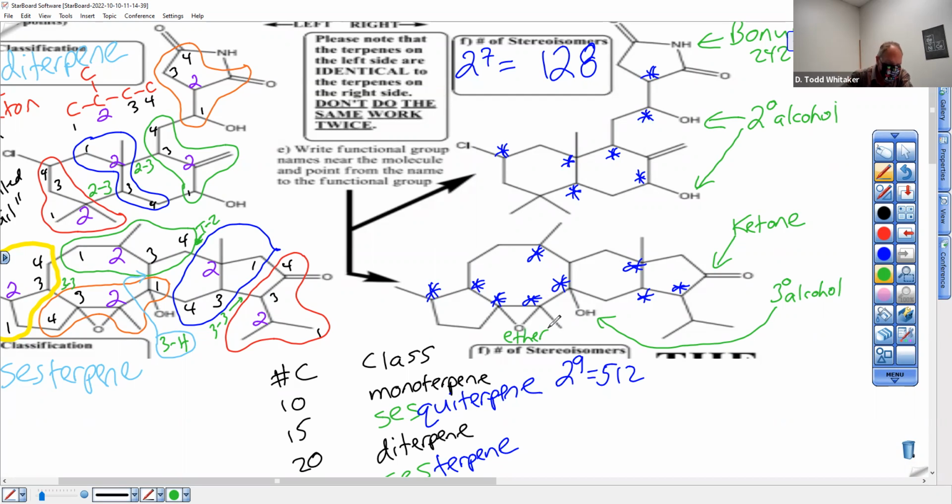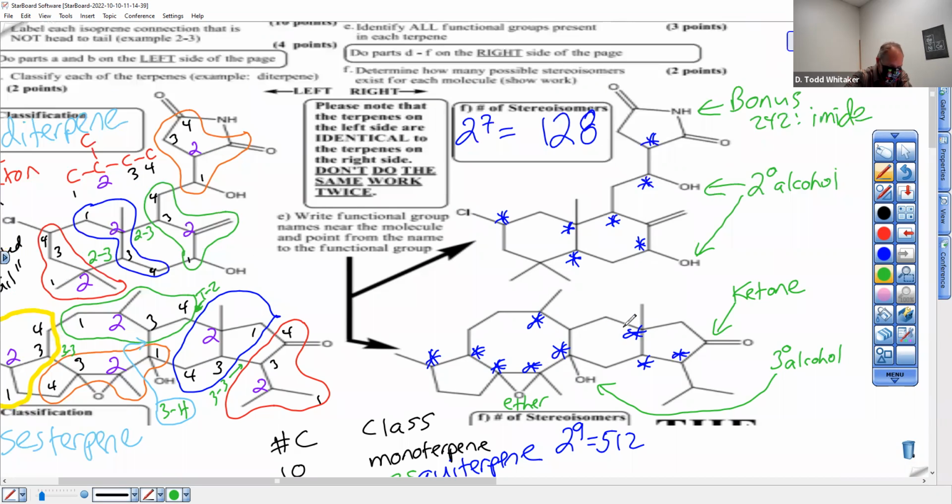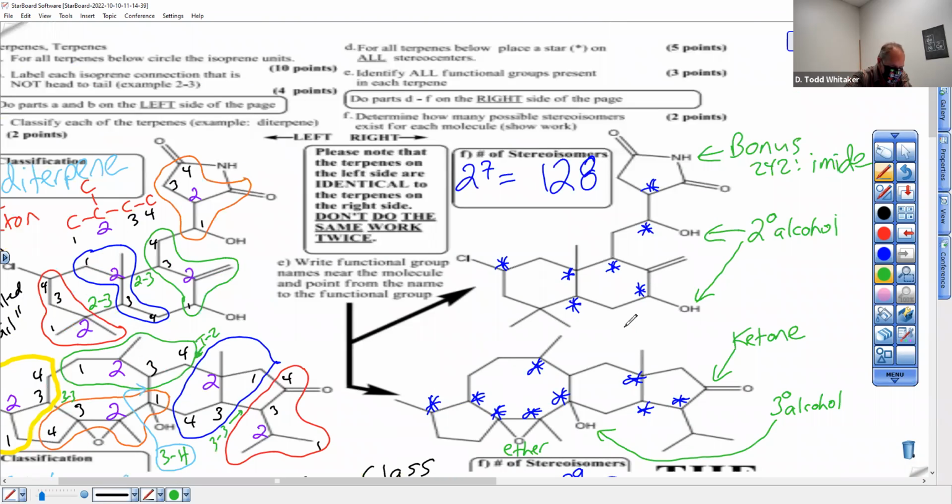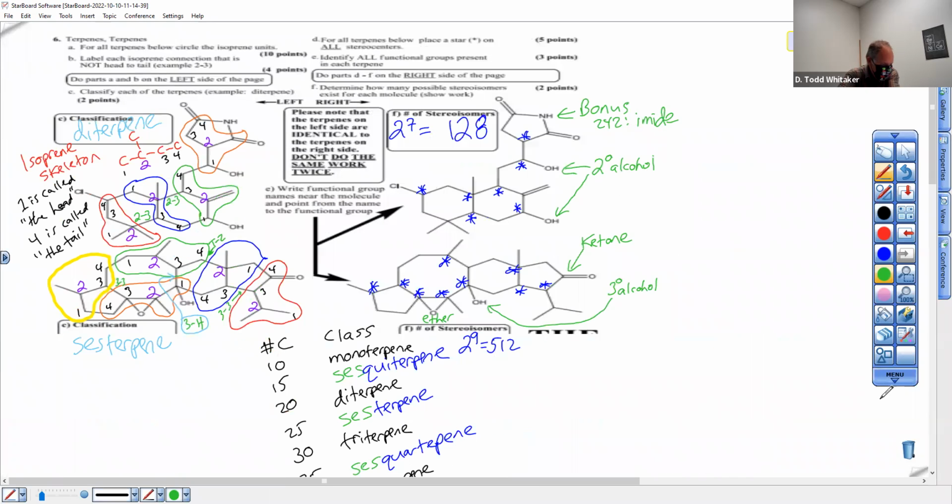All right, and did we knock off our terpene page? We did. So do your best to get all of that done. You don't need the classification list down there. It's straight out of the textbook. But I need all the circles. Don't need the numbers really, but I do need the numbers that are written outside the circles.